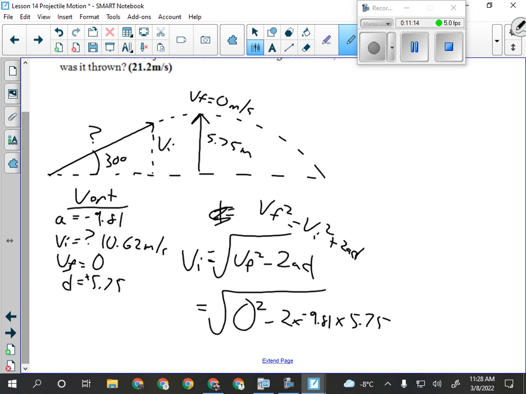Since that's the opposite side of the triangle, I would use sine to get the hypotenuse. The sine of 30 degrees is going to equal 10.62, my opposite side, divided by the hypotenuse, which is what I'm looking for. So when I swap these, I'm going to go 10.62 divided by the sine of 30, which is 0.5, so basically I multiply this by 2, and I'll have my answer, 21.2.